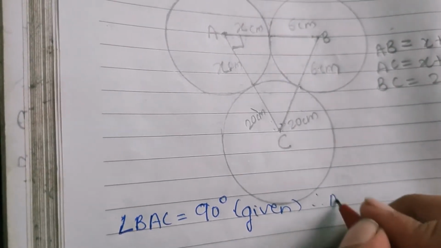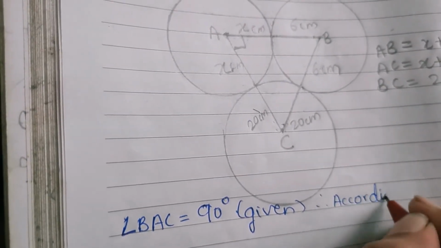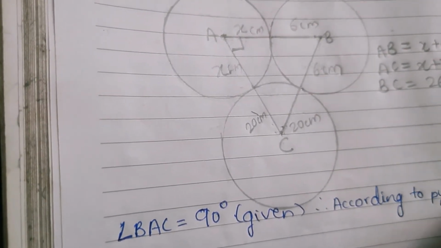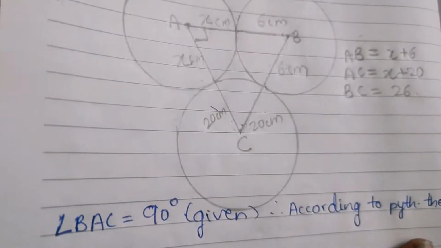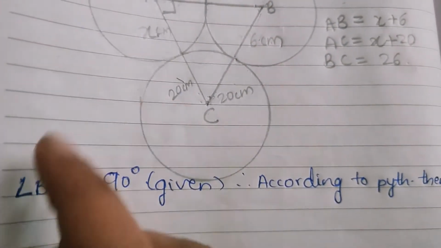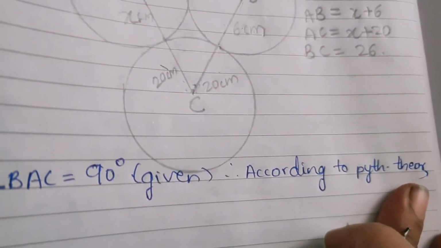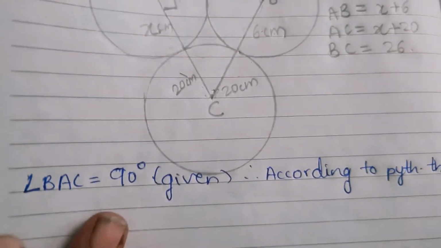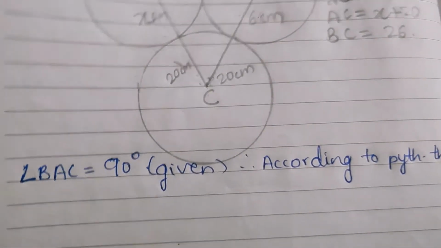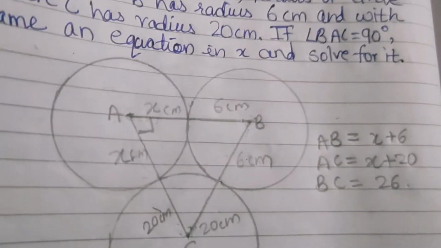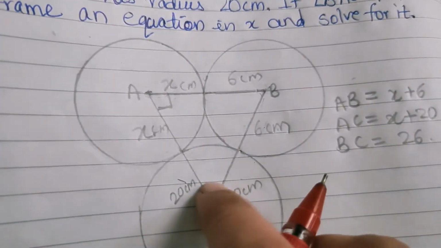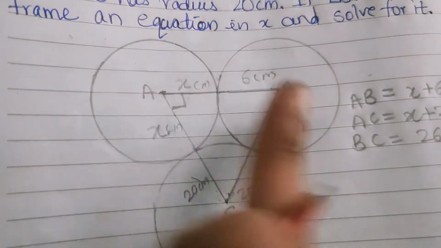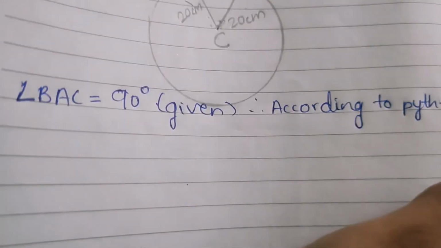Therefore according to Pythagoras theorem, what we'll write is BC square is equal to AB square plus AC square.